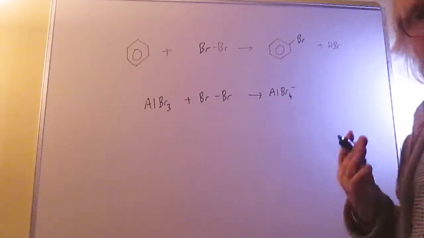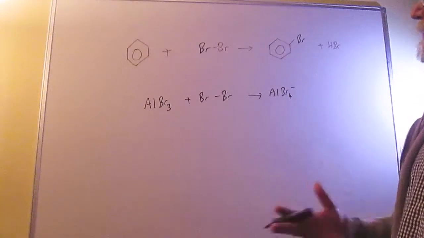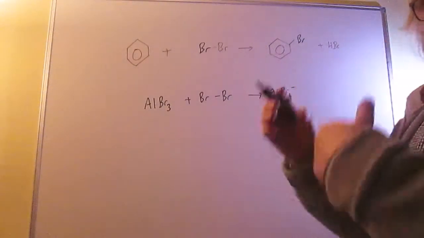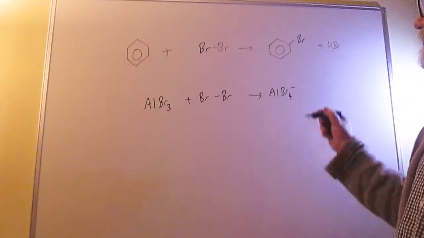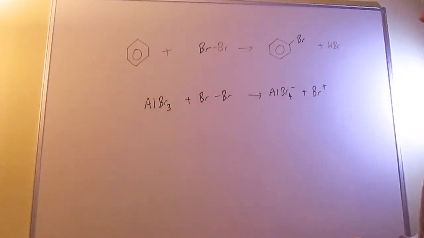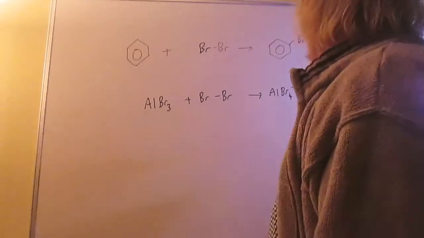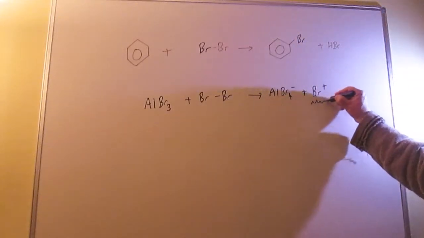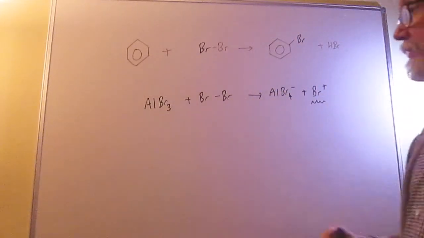and the important thing is that that leaves behind a positive ion, because remember the positive ion is going to be very attractive to an electron pair, so that's what makes a good electrophile. So in this case Br+, and then that's going to go on and do the attack on the benzene ring because of its positive charge.